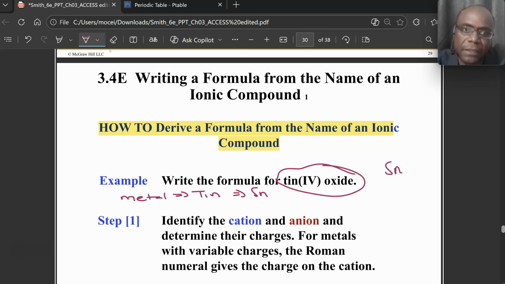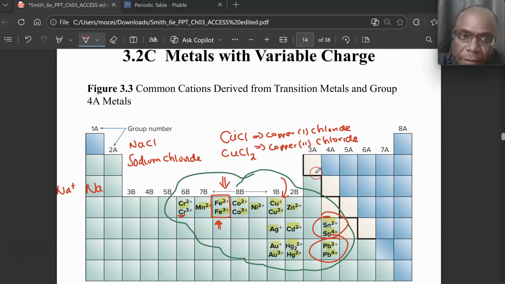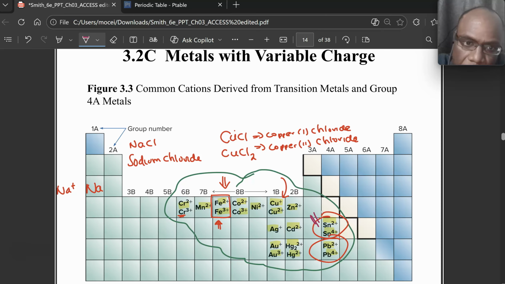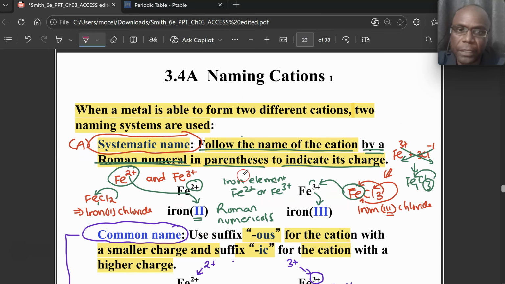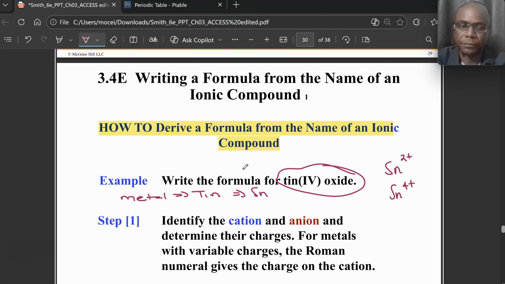Remember, you can have tin 2 and you can have tin 4. And that is shown on this slide 14. You can see here, you have tin 2 and tin 4. So you really want to determine which one you're working with here. Luckily, the question tells us you're working with tin 4.